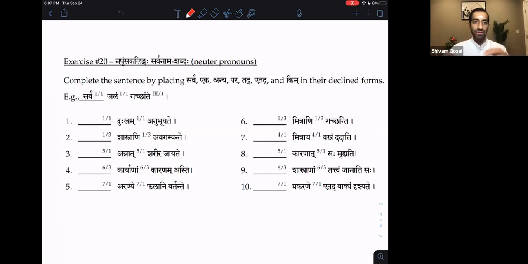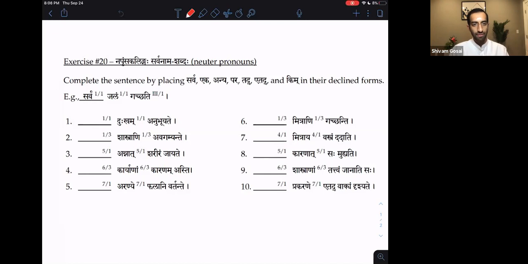It happens to be neuter here. Kim 1-1 is also Kim. When you see Kim in a sentence and it's already declined, then it will be neuter; you can safely say that, because you won't see Kim otherwise in a sentence.